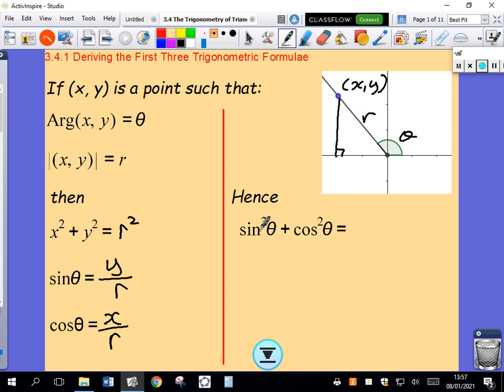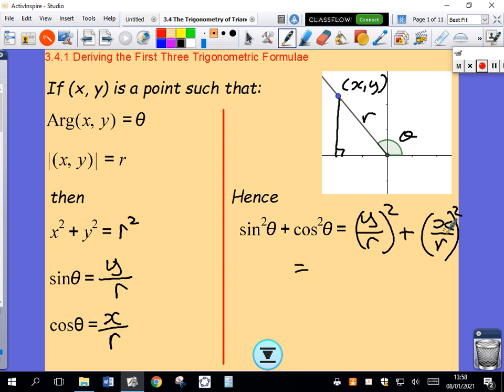Okay. So sine squared theta, well, given that sine of theta is always y over r, sine squared of theta is going to be the square of y over r. Given that cosine of theta is defined as x over r, well, the square of cosine theta will be the square of x over r. Squaring everything out, here we'd get y squared over r squared.